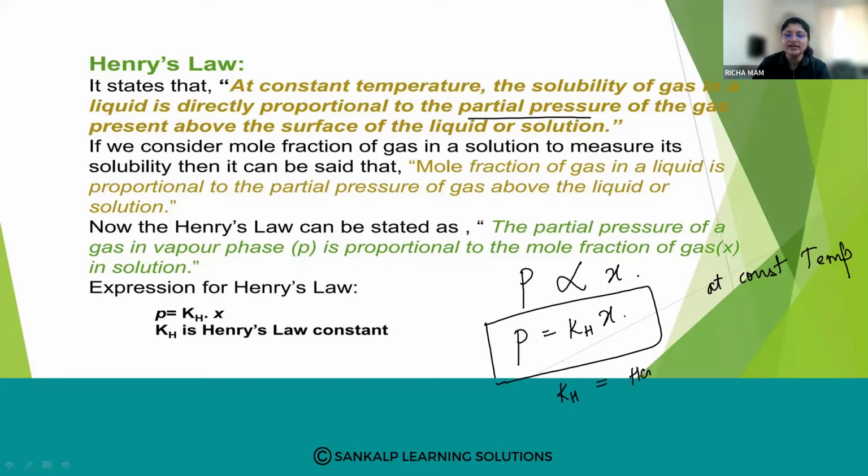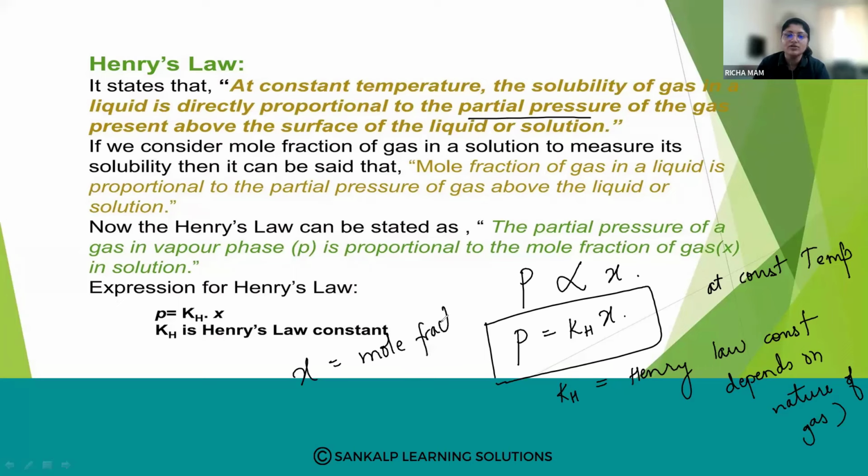KH is Henry's law constant, and it depends on the nature of the gas. And this chi is the mole fraction. Is it clear? So this is your Henry's law.